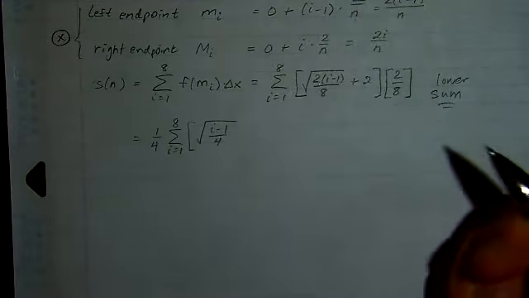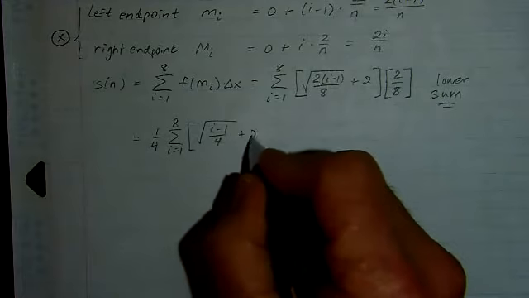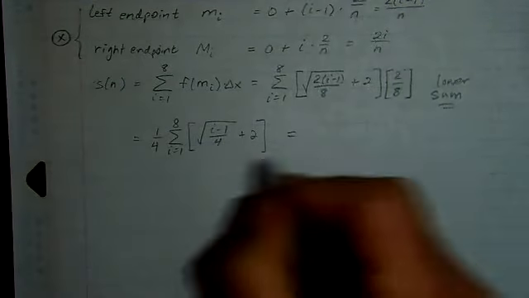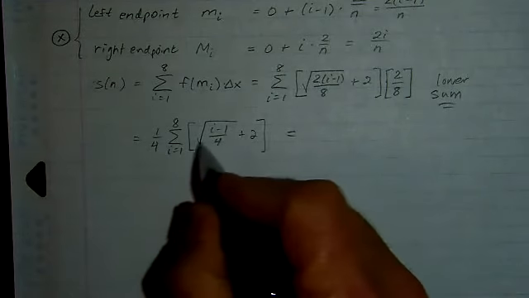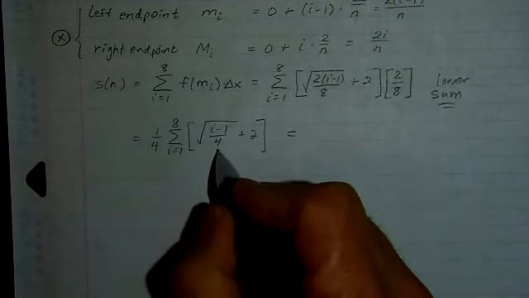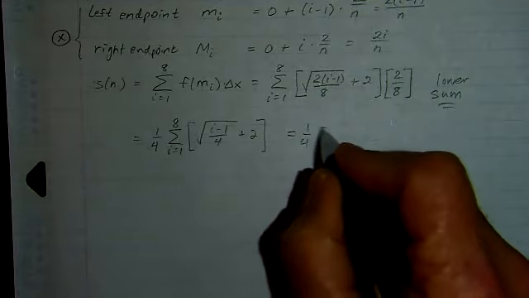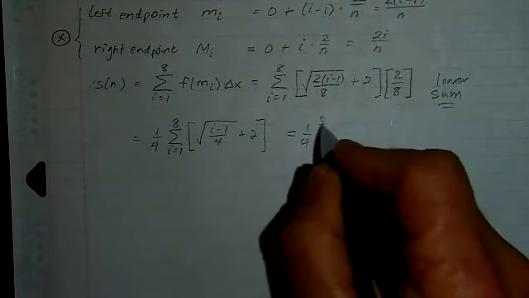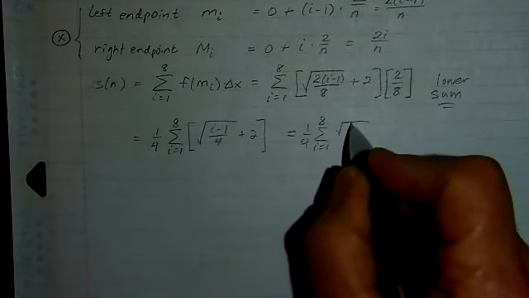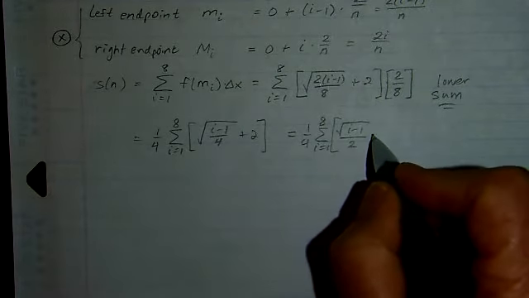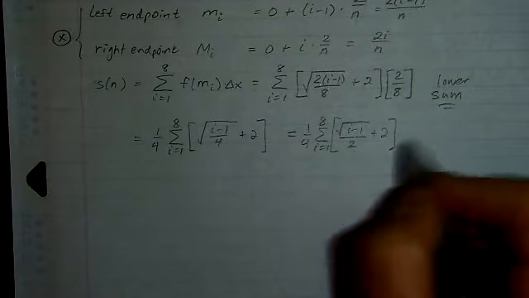That's just canceling the 2 into the 8 plus 2. Okay, well, I was going to string along my simplifying here. Of course, I have a square root and I have a 4 inside. So remember how to take square root of fractions. You take the square root of the numerator and divide it by the square root of the denominator. So that's I minus 1 over square root of 4, which is just 2. I still have this plus 2.